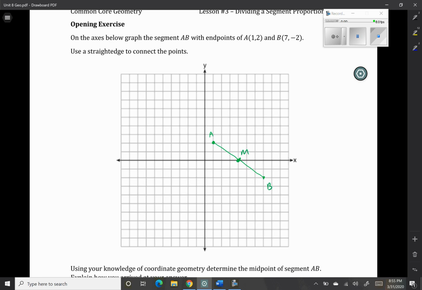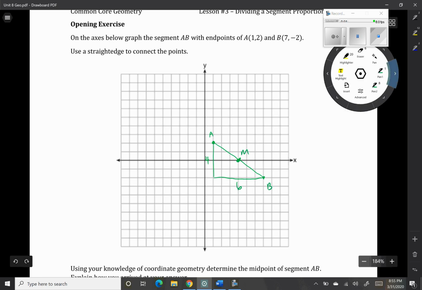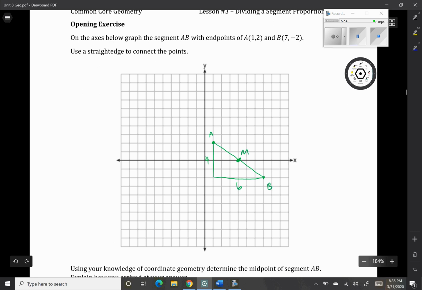Now, how we do this using coordinate geometry is actually using slope. What I'm hoping that you noticed was to get from A to B, you went down 4 boxes, and you went to the right 6 boxes. If I want to find the midpoint, I want to cut those numbers in half. If we cut 4 in half, that would be 2. And if we cut 6 in half, that would be 3.